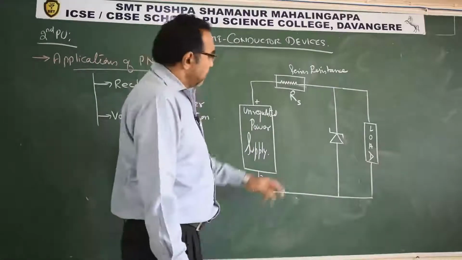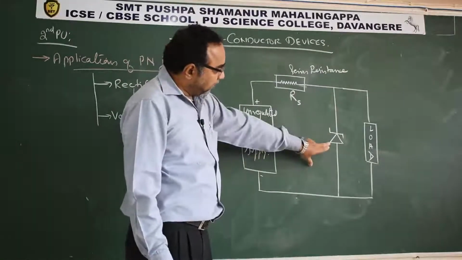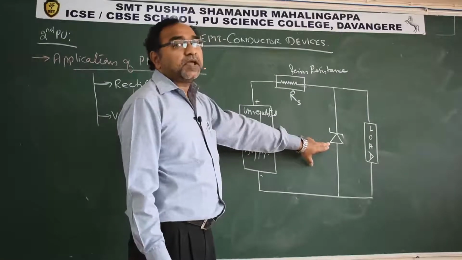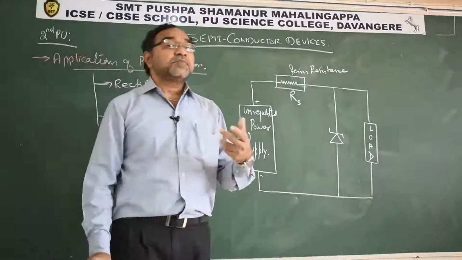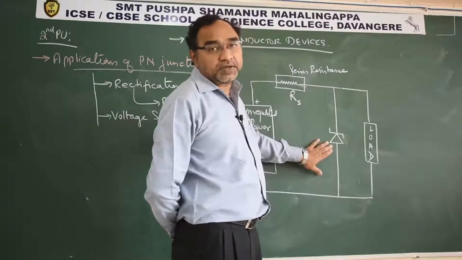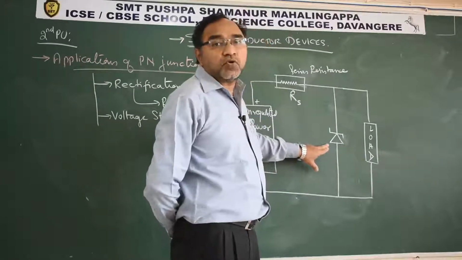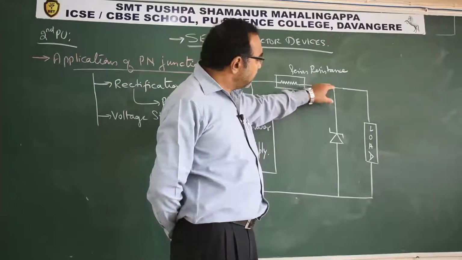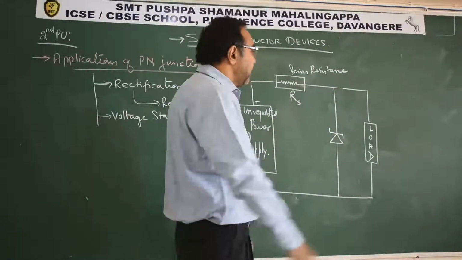This is how we can achieve stabilization, as simple as that, if we are able to reason out the concepts. Suppose 300 volt comes. We know that the Zener diode works on reverse bias. In the last class we were discussing the Zener breakdown, right? The breakdown of this diode I will design for 200 volt. If more than 200 comes, breakdown of the diode will happen and the voltage will divide at this point.